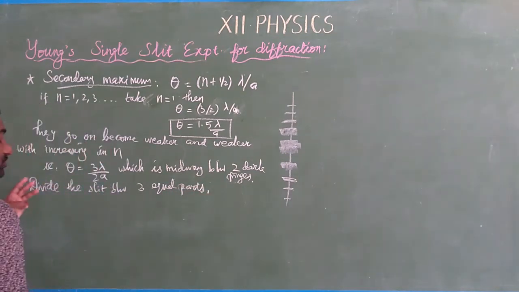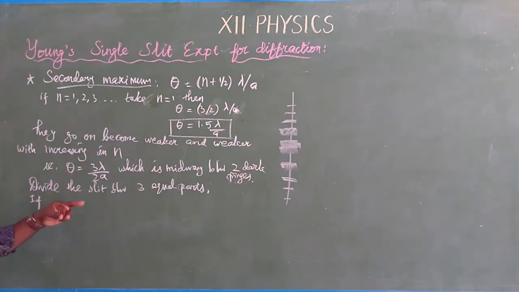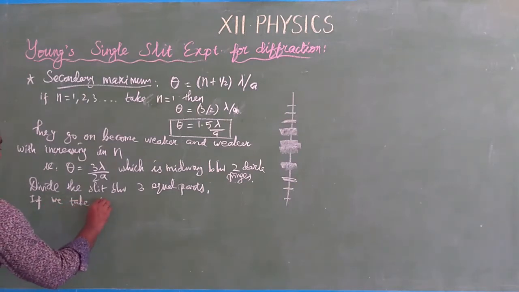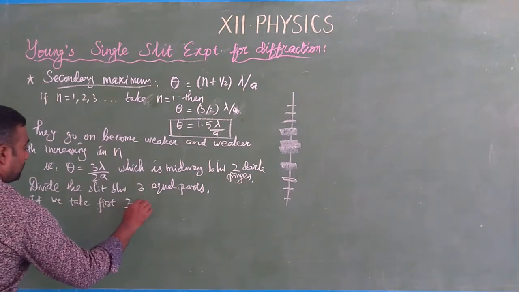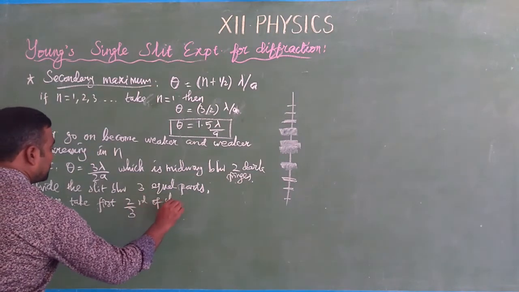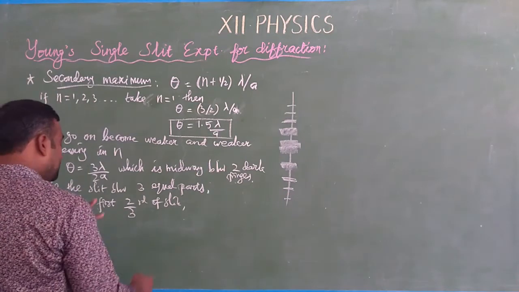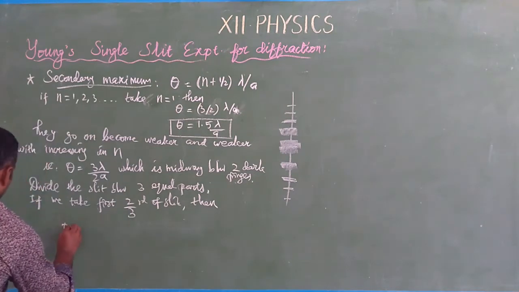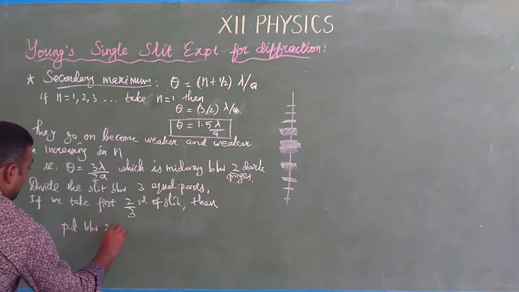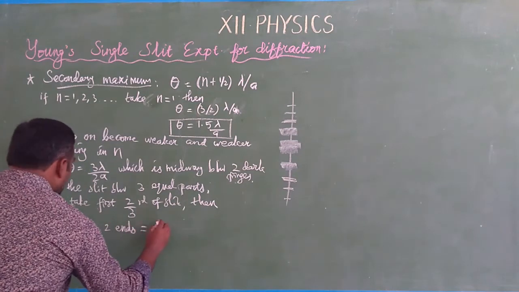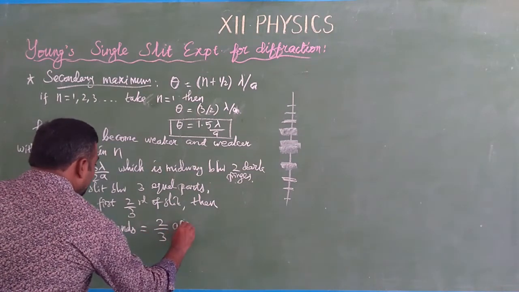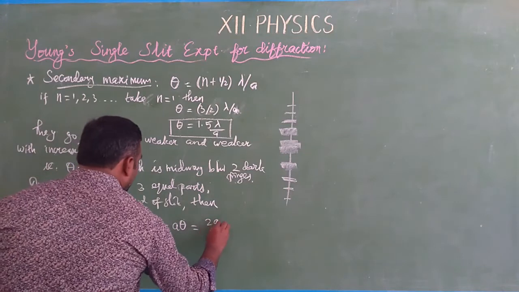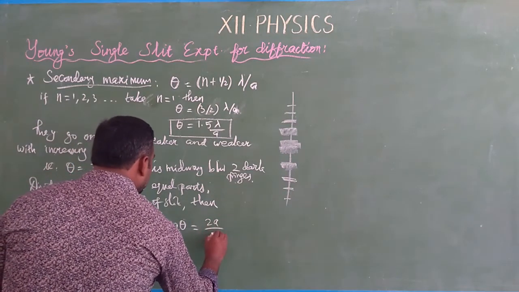If you take the first two-third of slit, இப்போ நம்ம மூணு பார்ட்ஸா பிரிச்சதுல மூணுல ரெண்டு எடுத்துக்கிறோம். If you take first two-third of slit, then path difference என்னவா இருக்கும்? What is the path difference? Then the path difference between the two ends is equal to two-third of a theta, which is equal to two-third of a into what is the theta?